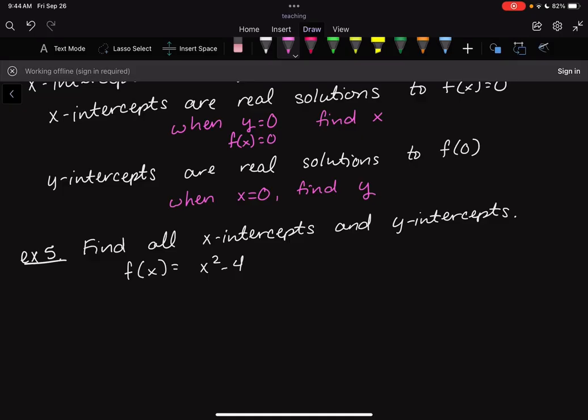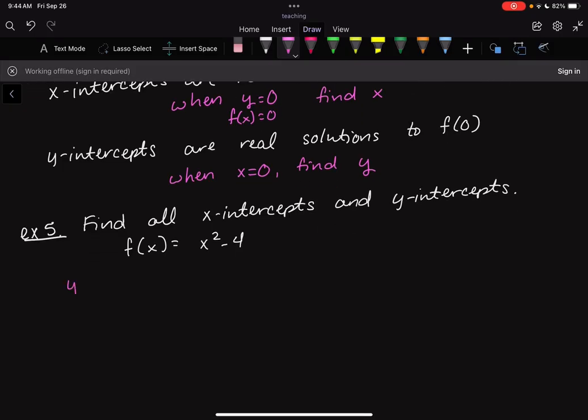So for our y-intercept, we just plug in an x value of 0. So f of 0 equals, and so instead of writing x, I'm going to write 0. So I get 0 squared minus 4. So f of 0 is equal to 0 minus 4, which is negative 4.